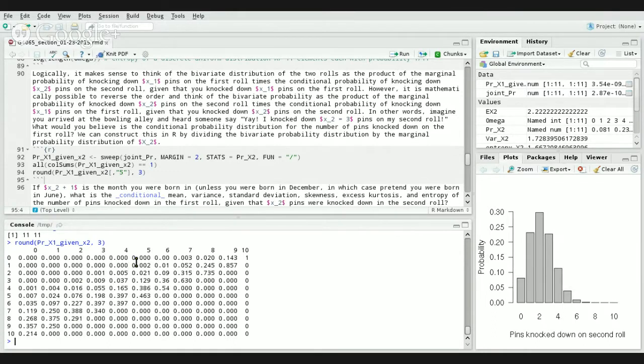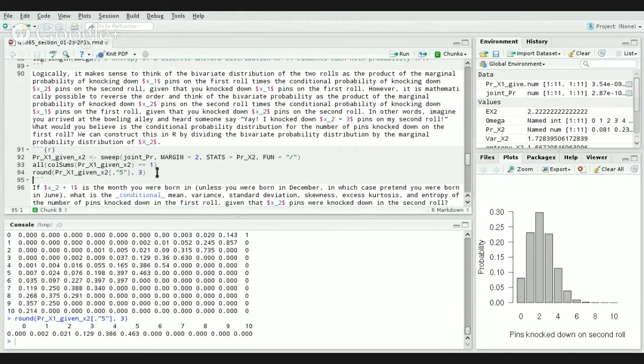So if we want to look at the fifth column, which is the probability of knocking down a certain number of pins on your first try in the frame, given that you knocked down 5 pins on your second try of the frame, we can pull that column out using the extraction operator.